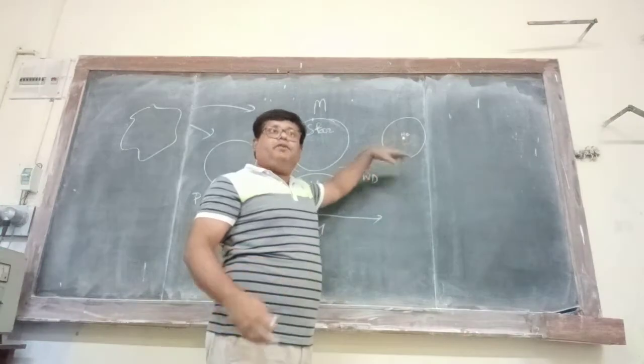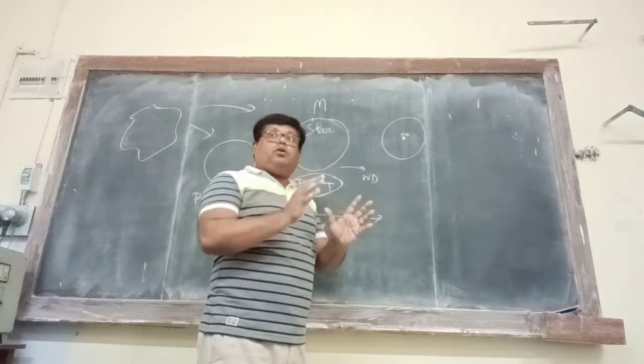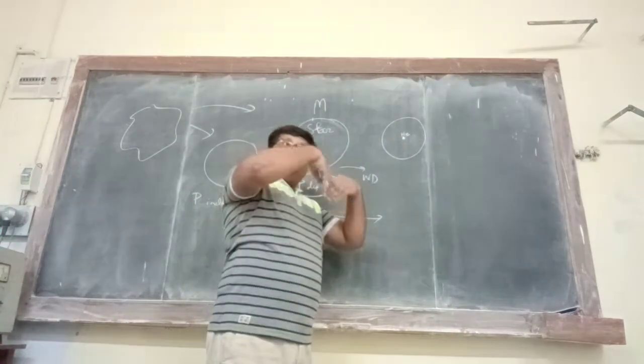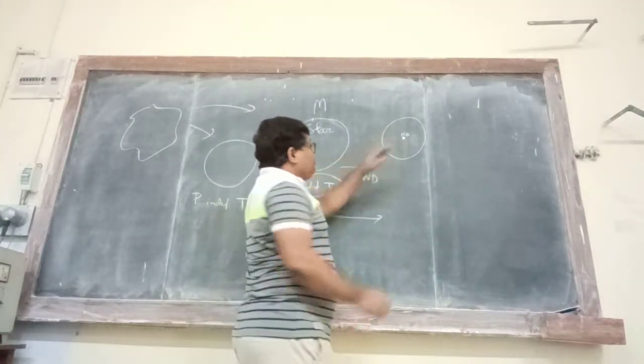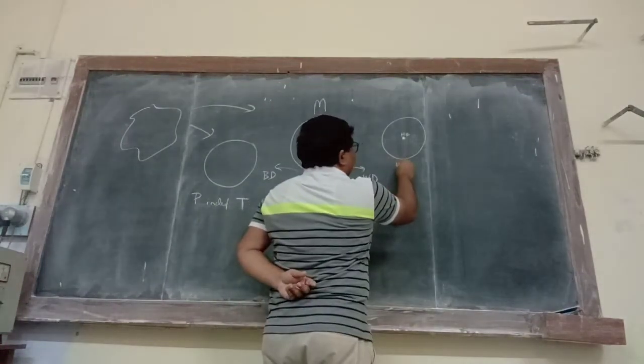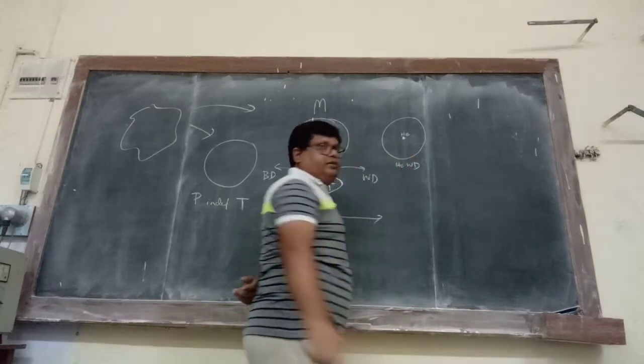Actually there is helium previously present, but I am right now talking about the helium which is created as a result of fusion. Now this we will call a helium white dwarf, HeWD.